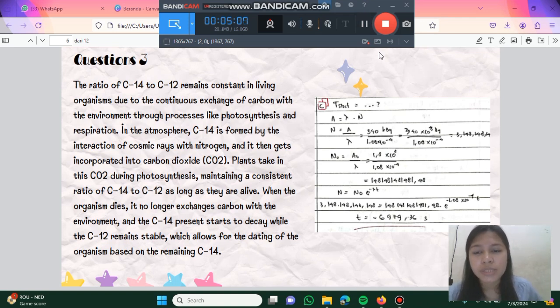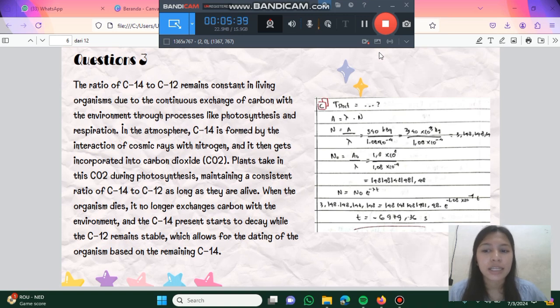The ratio of C14 to C12 remains constant in living organisms due to the continuous exchange of carbon with the environment through processes like photosynthesis and respiration. In the atmosphere, C14 is formed by the interaction of cosmic rays with nitrogen, and it then gets incorporated into carbon dioxide or CO2.